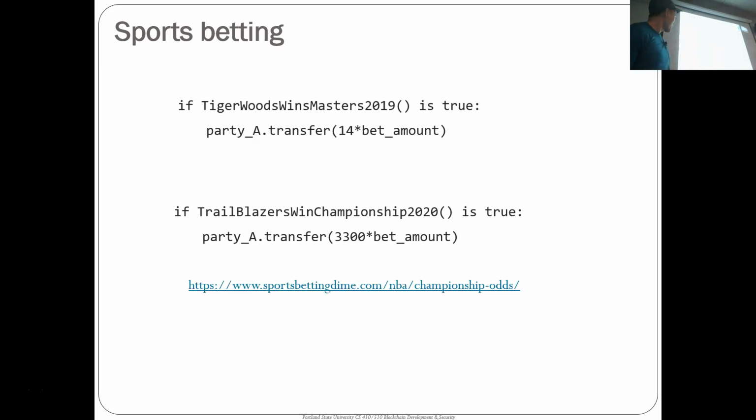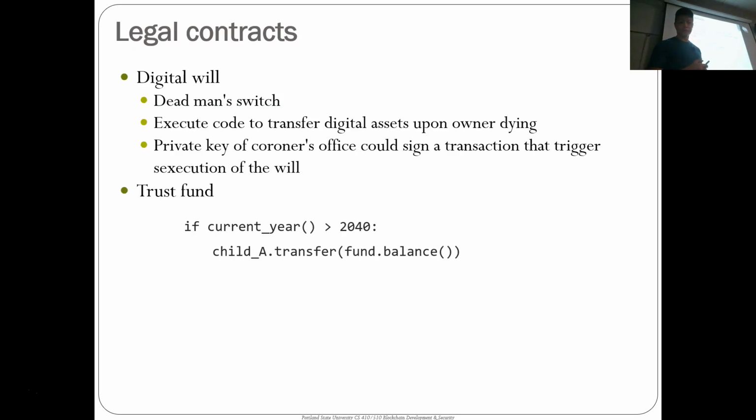So if you were doing this sports betting and you were taking bets on a blockchain, you could totally take those bets in and then implement this smart contract and then have this predicate triggered by maybe some NBA signing key that certifies the results that, yes, the Trailblazers won the championship. And then you could do all your payment immediately on a smart contract, which may or may not be nice. I don't know. It depends on if you like betting.